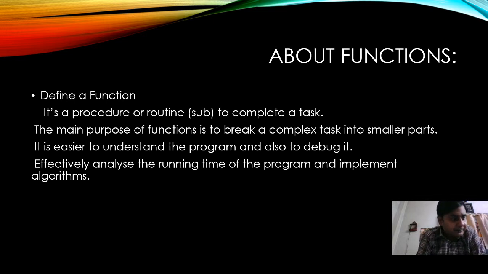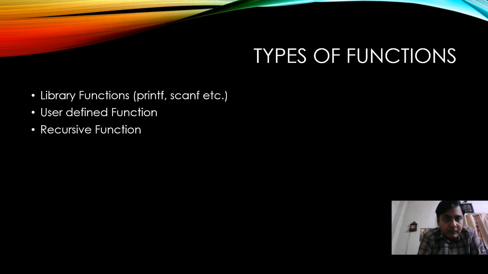Clear? Okay. Now there are different types of functions, mainly the library function, the user defined function and the recursive function. You are already aware of the library functions. What are the library functions? They are printf, scanf. These are all library functions. Now how do library functions work? This is very basic.